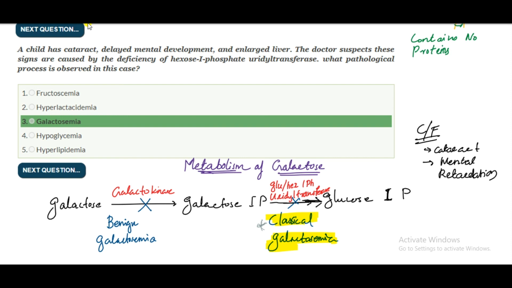So when you see galactokinase and galactose 1-phosphate uridyl transferase, just go with galactose 1-phosphate uridyl transferase. So what are the clinical manifestations of this disease? Okay, you can see in a child the cataract and the mental retardation, and also the hepatomegaly. These are the clinical features.